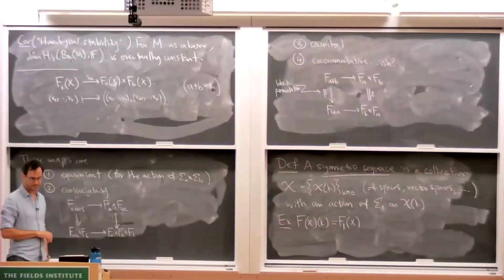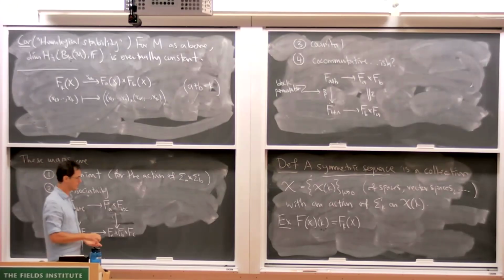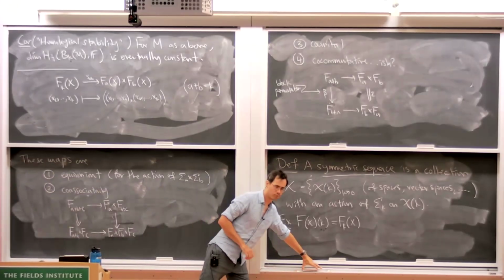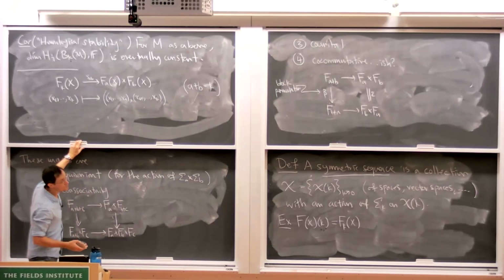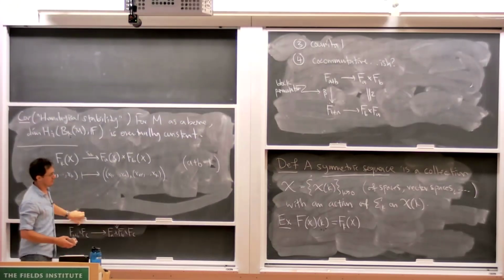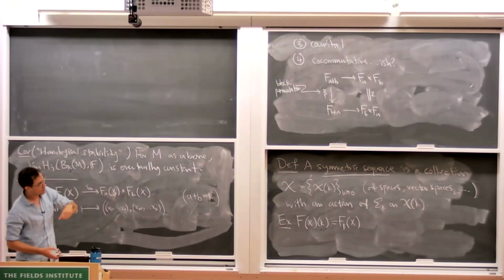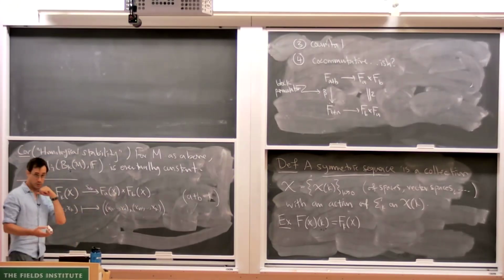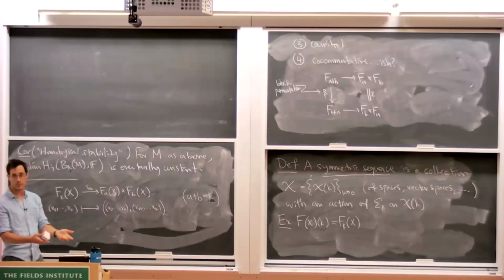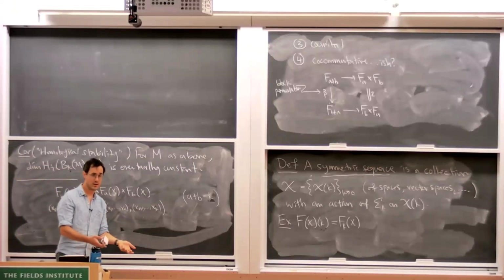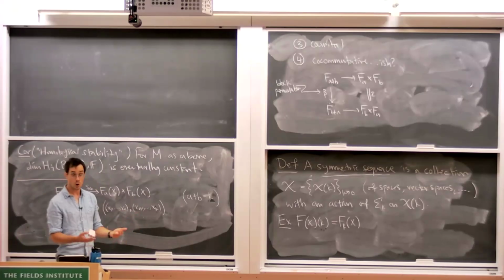Okay. Questions? Okay. So now we know that the cohomology of the configuration spaces of any space is a twisted commutative algebra, and we know the cohomology of the configuration spaces of one space very well, or infinitely many spaces, Rn.